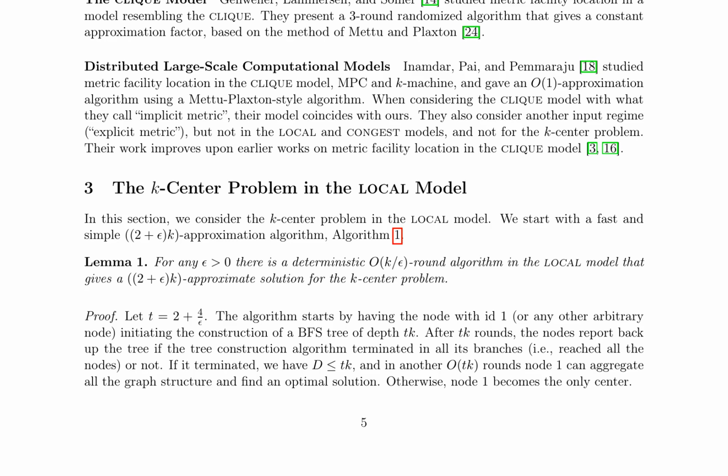Inamdar et al. [18] studied metric facility location in the CLIQUE, MPC, and k-machine models, and gave an O(1) approximation algorithm using a Mettu-Plaxton style algorithm, improving upon earlier works on metric facility location in the CLIQUE model [3, 16].